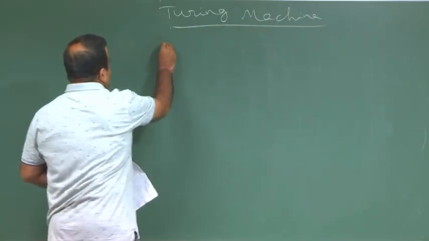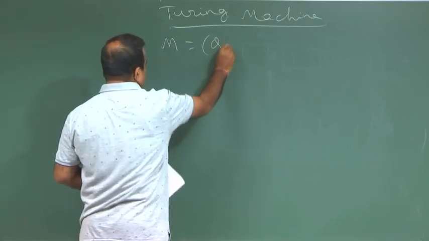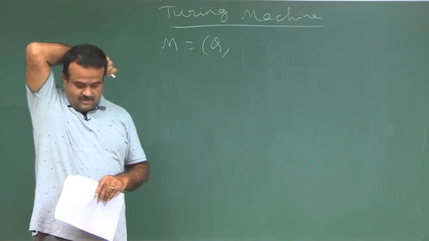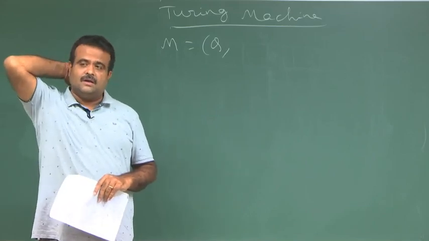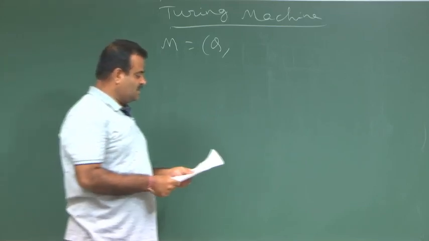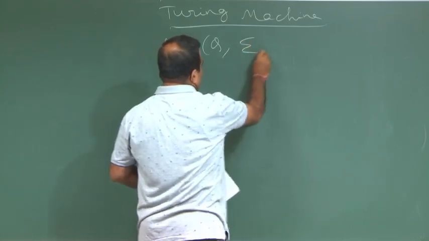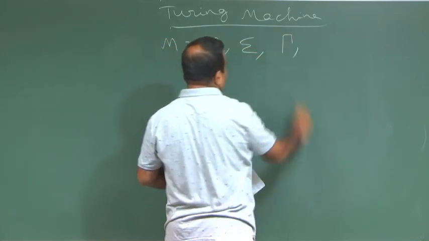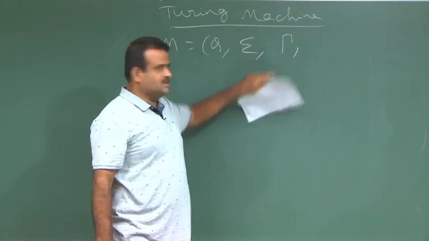Okay, so, it is a 7-tuple. Q is the finite set of states, sigma is the input symbol set, and gamma is the tape symbol set, but sigma is part of this.